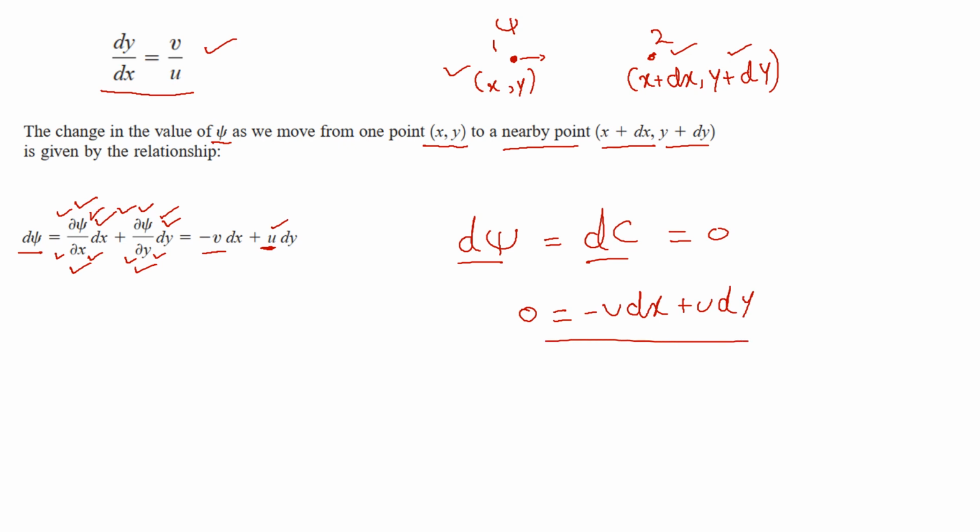we can actually rewrite that in terms of our equation, and that equation will come out to be dy over dx is equal to v over u. We can actually write that equation like this. So this is our equation of our streamline.